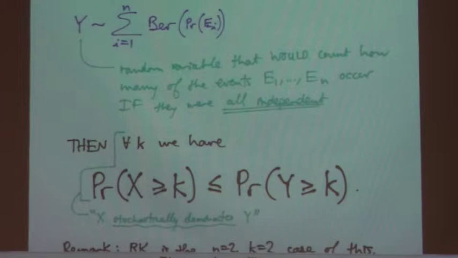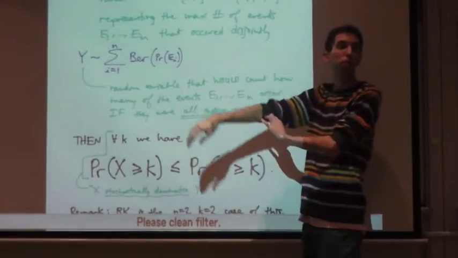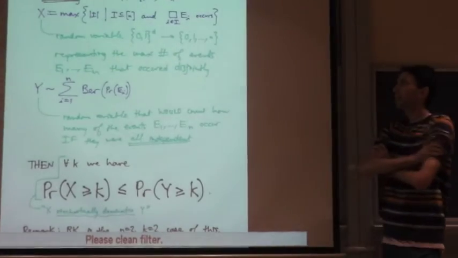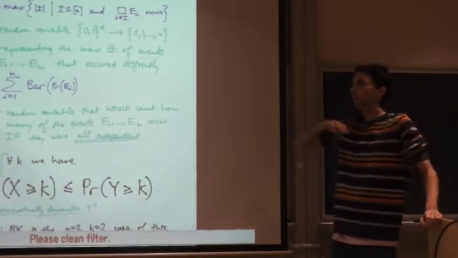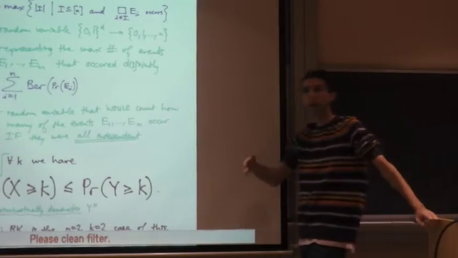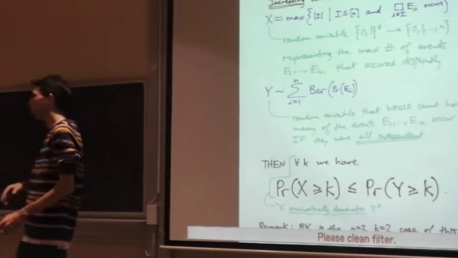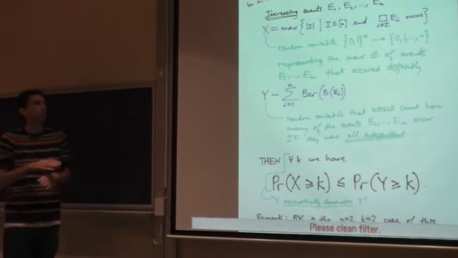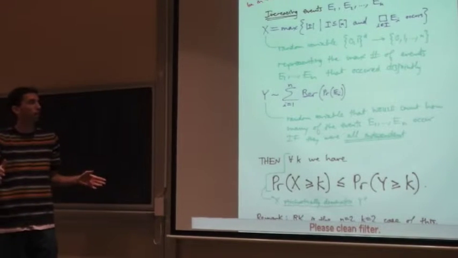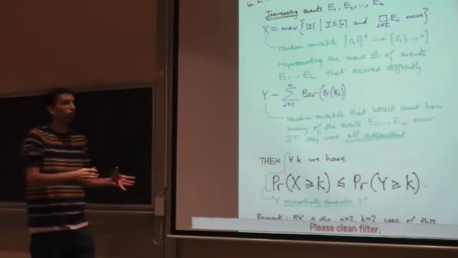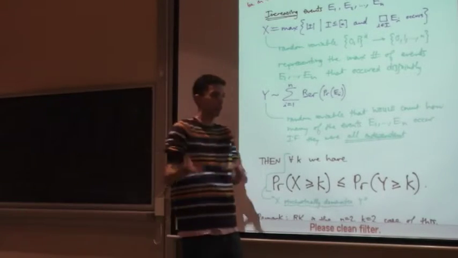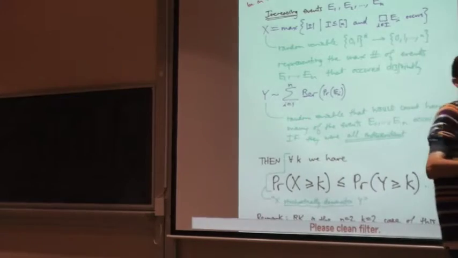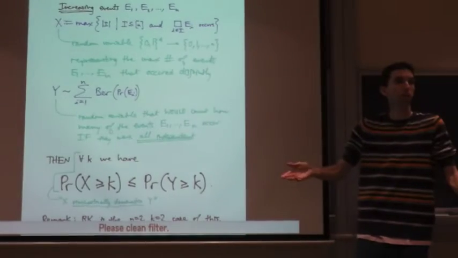So the spirit is kind of the same as it was for BK. In BK, I mumbled a bit, and I eventually convinced myself, and maybe some of you, that what BK was getting at was that disjoint occurrence is harder than in the independent case.